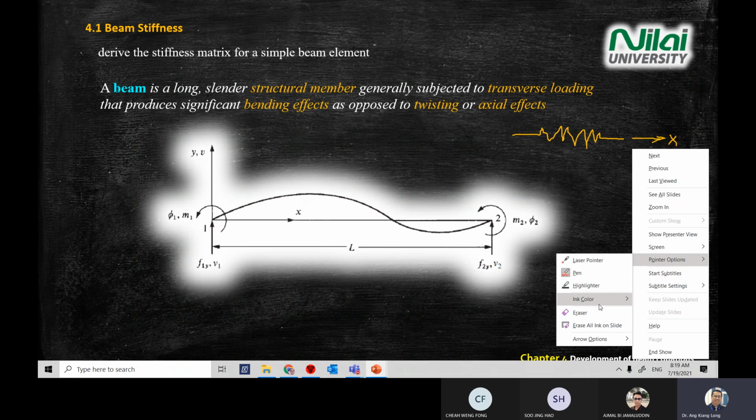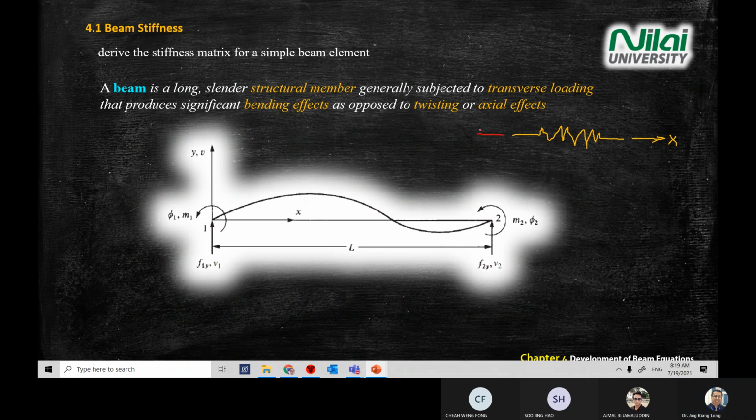When we derive the equation for a spring, we assume we're having a tensile loading at both ends. Point 1, point 2, this is your force F at both ends.